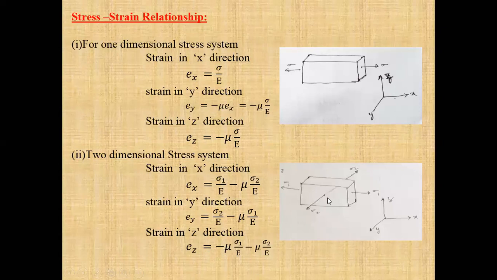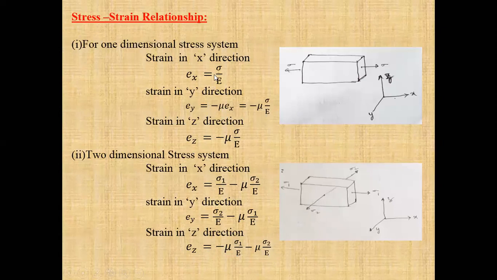In Z direction, it is not stressed. So due to sigma 1, the height decreases. Due to sigma 2 also height decreases. That is minus mu into sigma 1 by E minus mu into sigma 2 by E. If you take this mu by E outside, minus mu by E into sigma 1 plus sigma 2, we can write it like that.